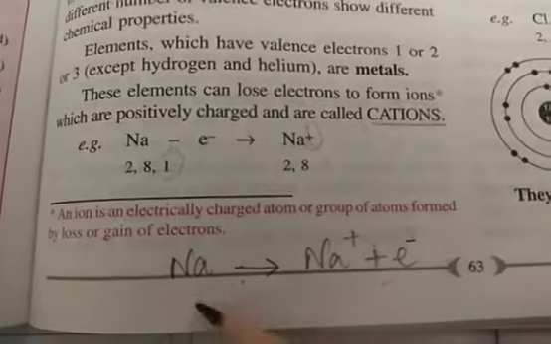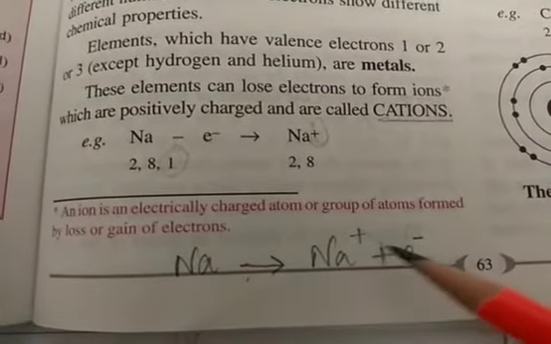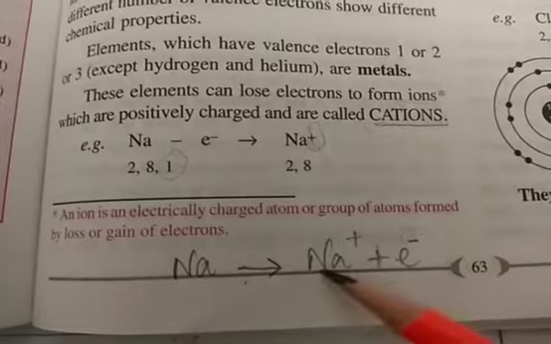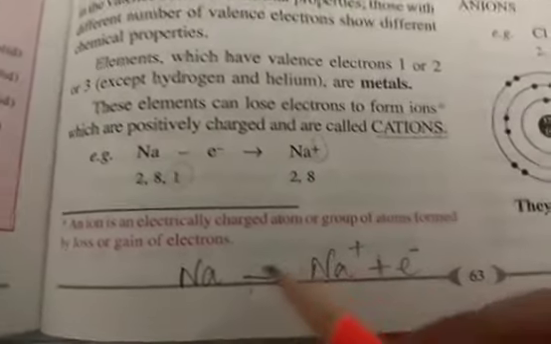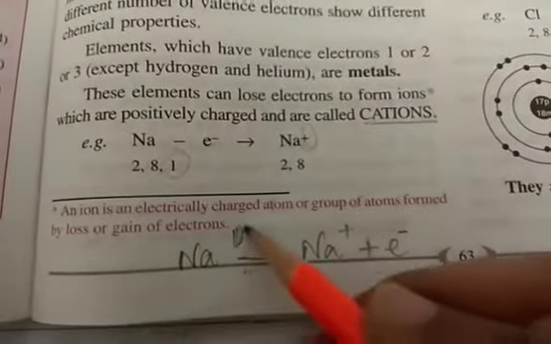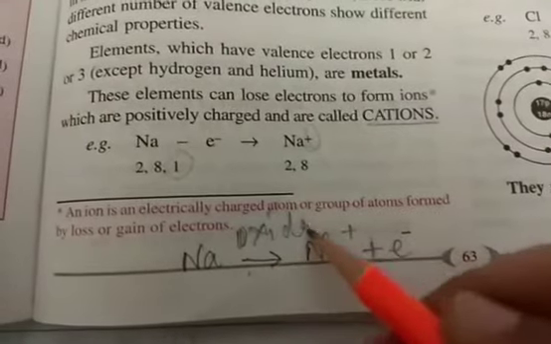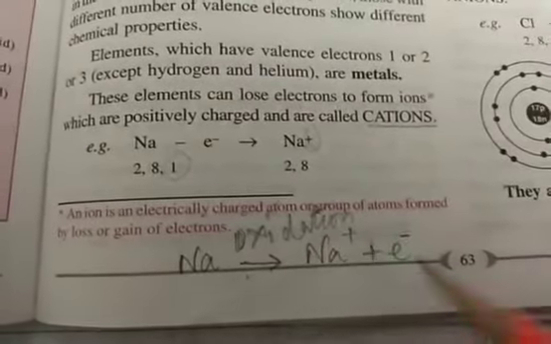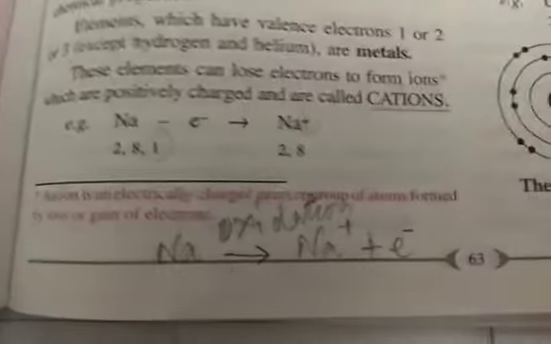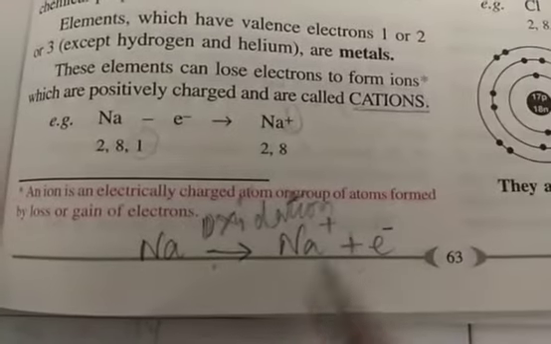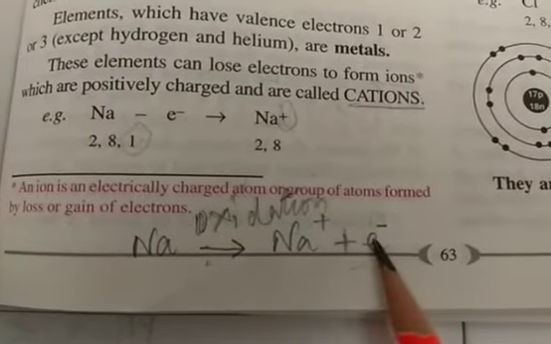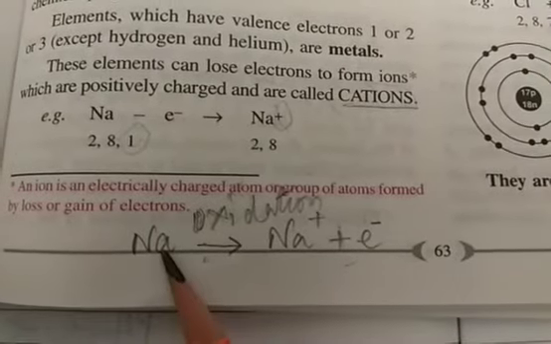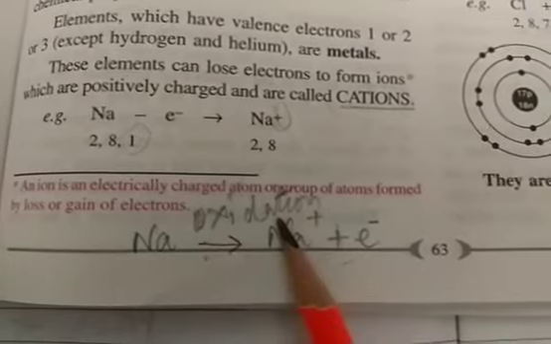Okay, so sodium is giving out this electron, becoming Na plus ion. So what is this process? This is a process of oxidation. Why oxidation? Students, you know from your class 8 the definition of oxidation: oxidation is a process where an electron is lost from an atom. Okay, so this process is oxidation.